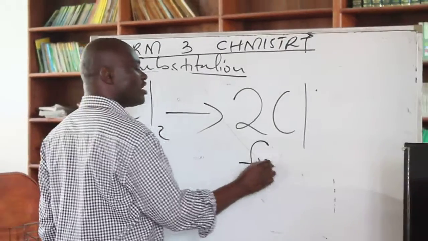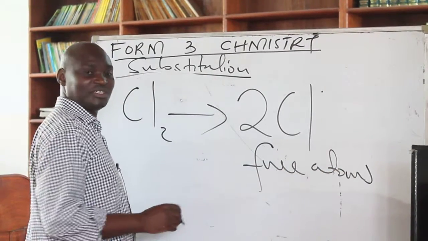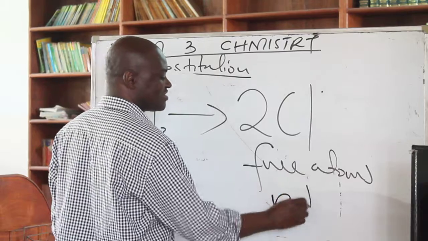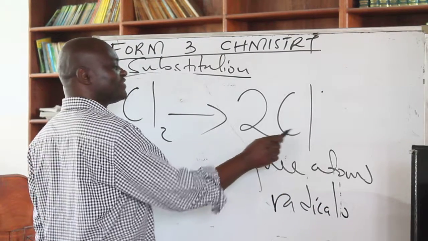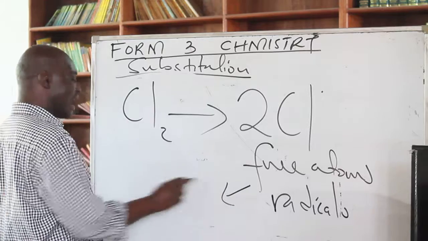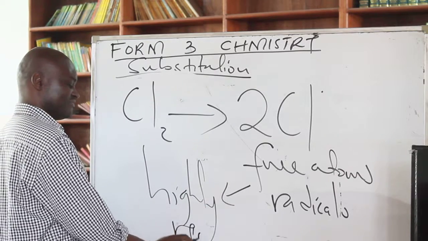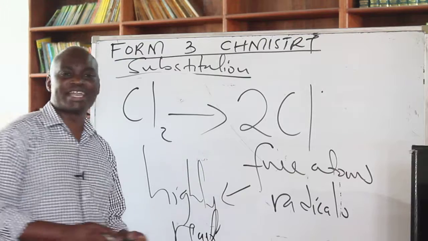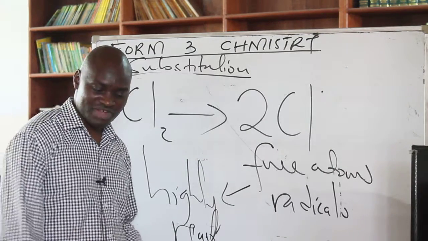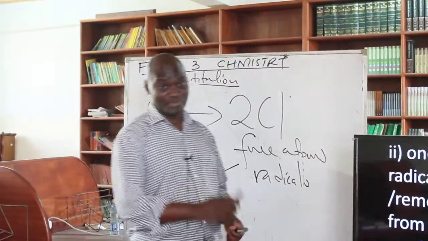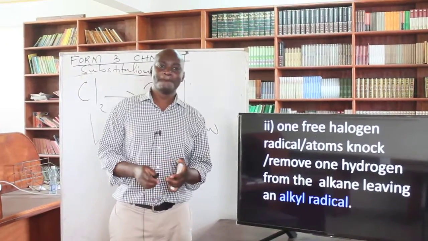So these are called free atoms or radicals. Now, these free radicals are highly reactive. And because they are highly reactive, they can therefore move and attack.